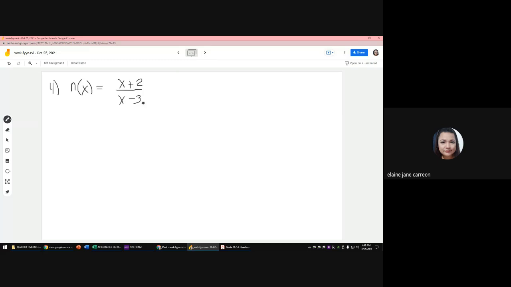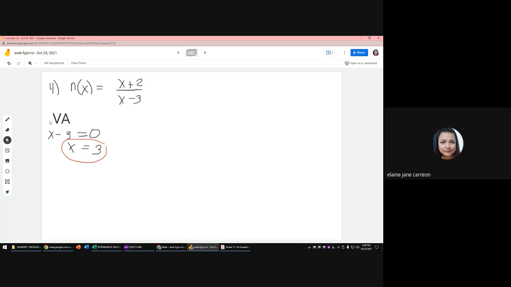So number 4, our vertical asymptote here. Okay, so we set the denominator x minus 3 equal to 0. So x is equal to positive 3. That is our vertical asymptote.